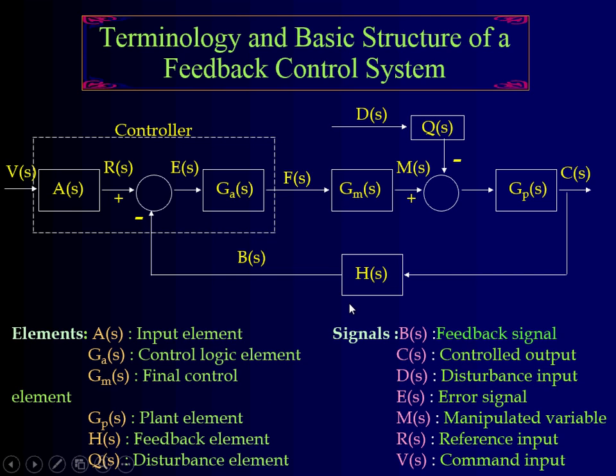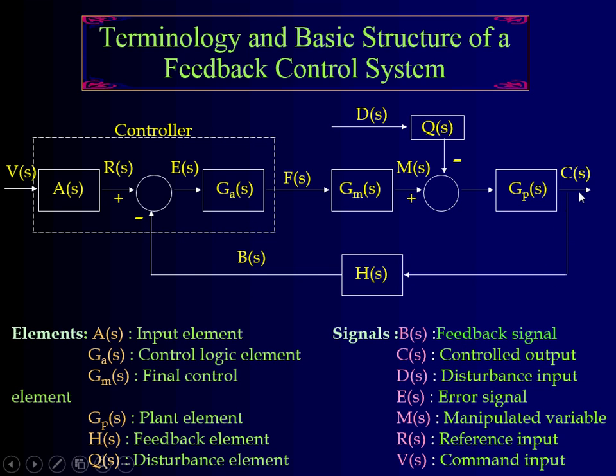The output variable that you have in here, Q of S, is a modification to the disturbance, but normally we just use this directly, this signal. So this is the feedback signal, this one right there.